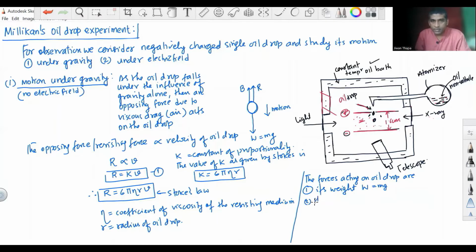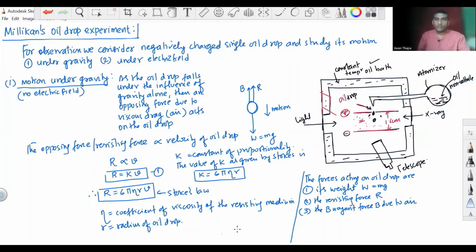Second, the resisting force R, and this is due to the viscous medium or air present between the plates. And third, the buoyant force B due to air, and the buoyant force is opposite to the weight.